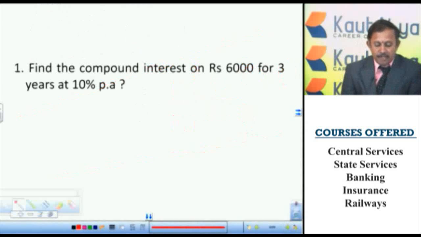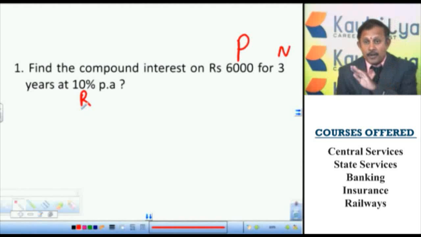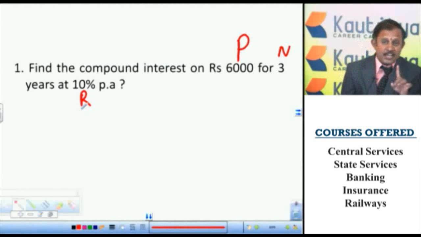The first one is, find the compound interest on 6,000 rupees for 3 years at 10% per annum. So here the principal is given as 6,000 rupees and the time period is given as 3 years and the rate of interest is given as 10% per annum, right? But compound interest cannot be obtained directly by a single formula as in the case of simple interest. So you have to recollect it.